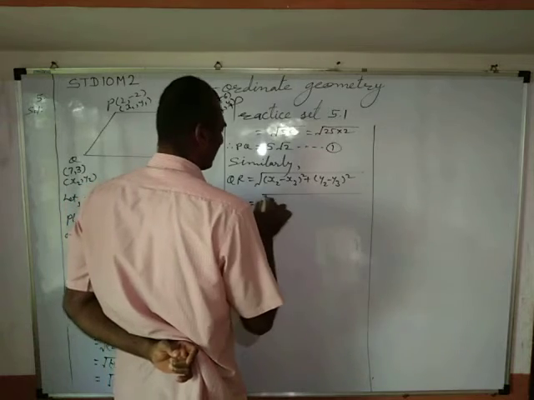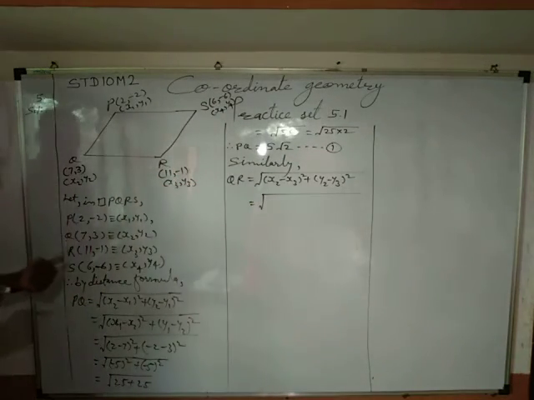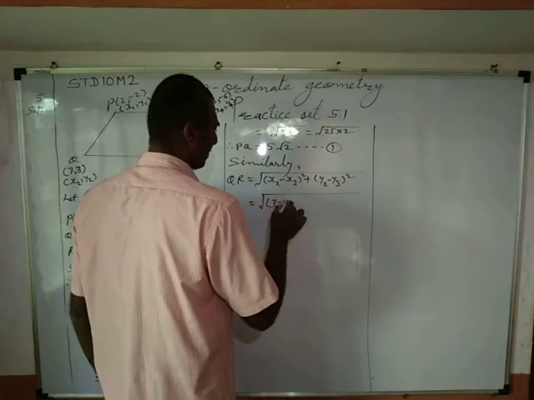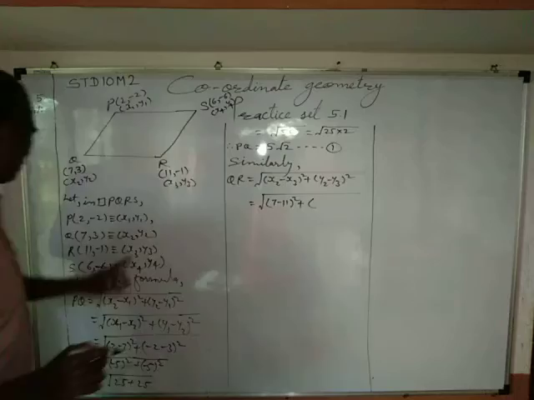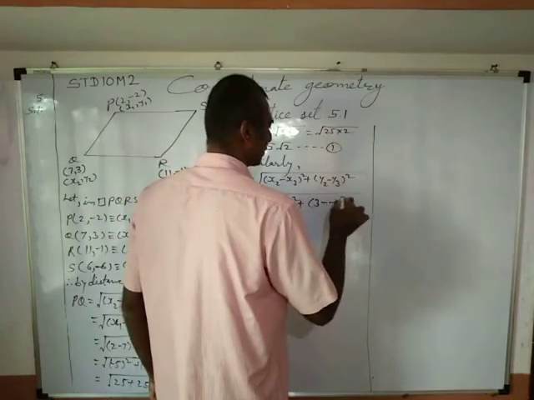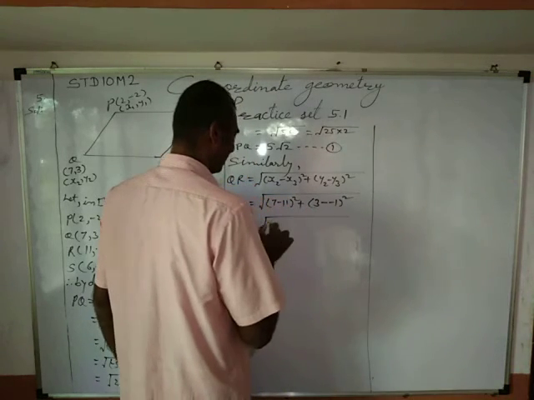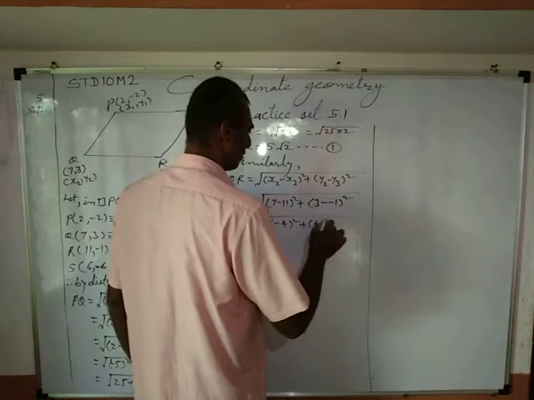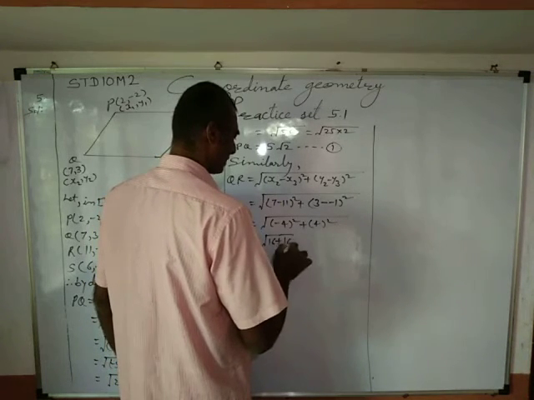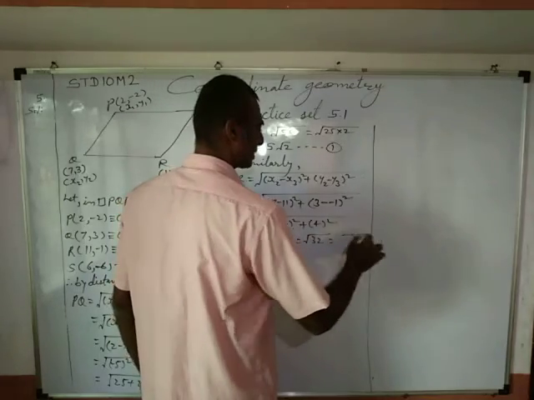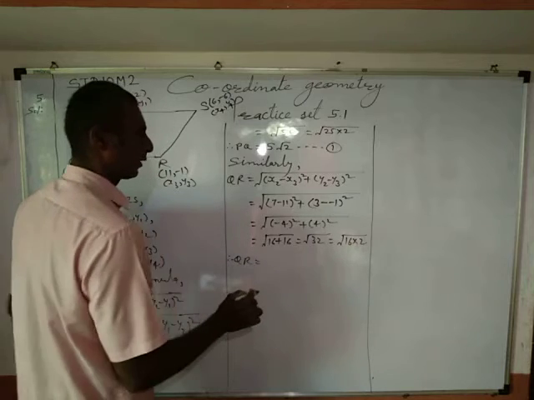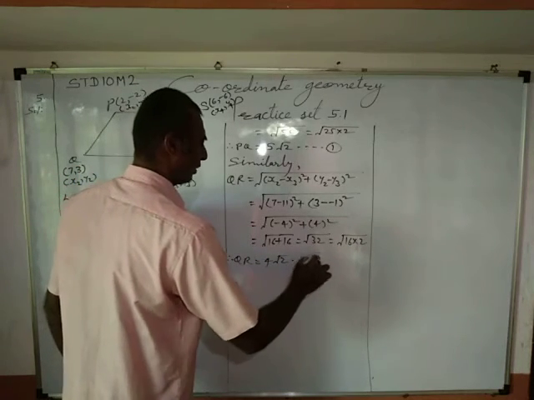That equals under root, x2 is 7 and x3 is 11, means (7 minus 11) square plus, y2 is 3 and y3 is minus 1, so (3 minus minus 1) square, equals under root (minus 4) square plus 4 square, equals under root 16 plus 16, equals under root 32, equals under root 16 into 2. Therefore, QR equals 4 root 2, equation second.